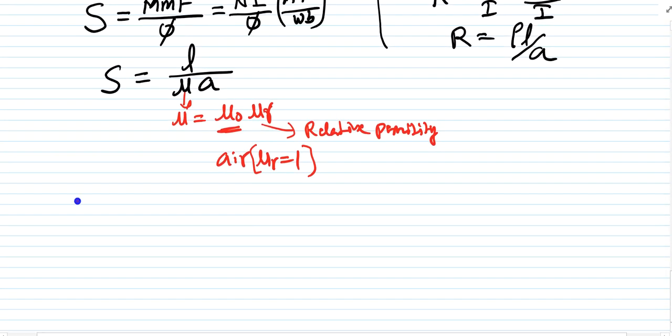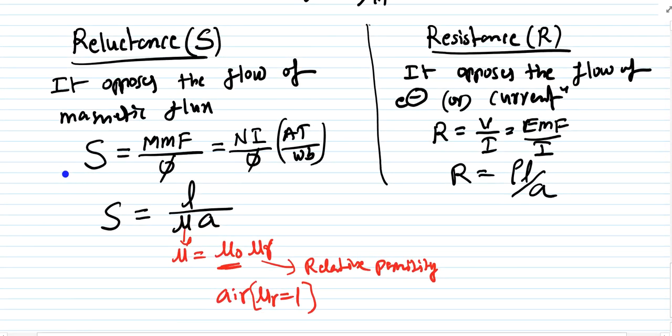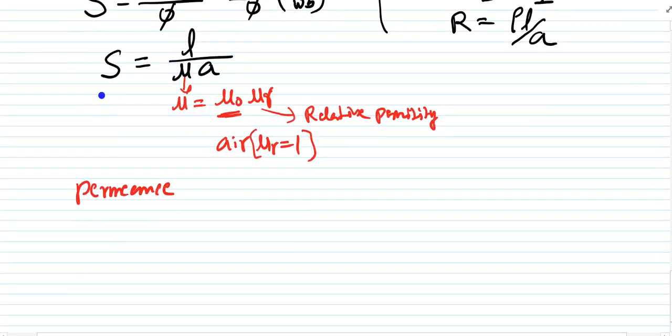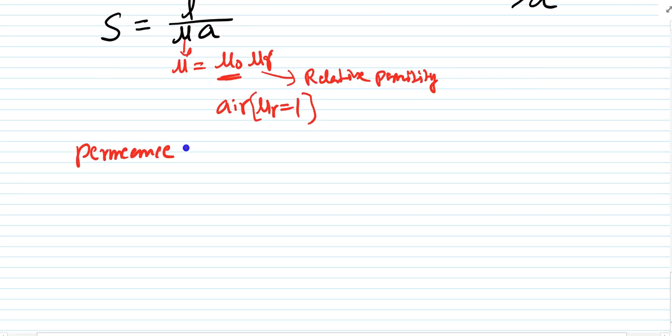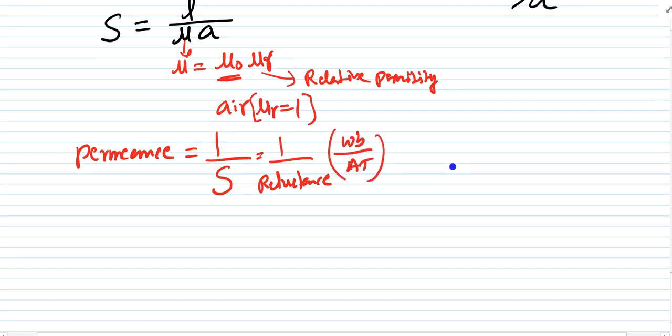Then what is permeance here? Permeance is the reciprocal of reluctance, or 1 by reluctance. The unit is Webers per ampere turn.